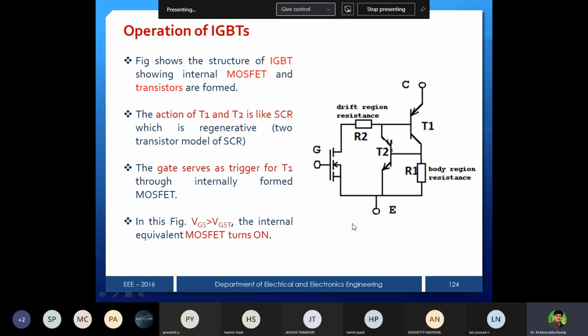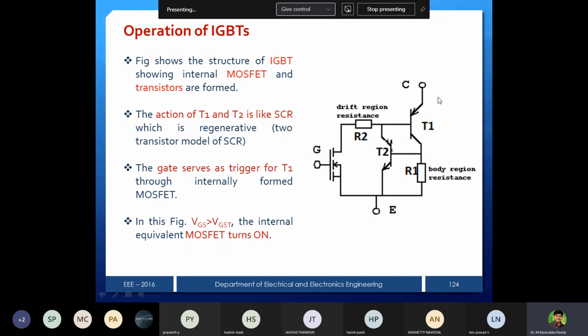Now the operation. You can see that this is the construction, or whatever layers we made in the construction, that will be in terms of the device. We can see that the structure of T1 and T2 is similar to the two transistor model. The base of transistor 2 is connected to the collector of transistor 1, and the base of transistor 1 is connected to the collector of transistor 2.